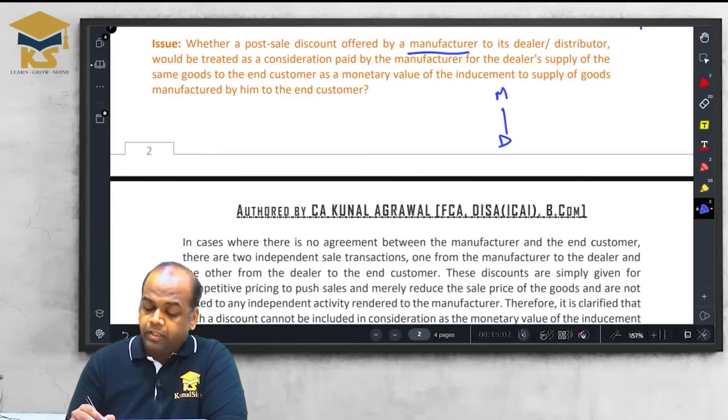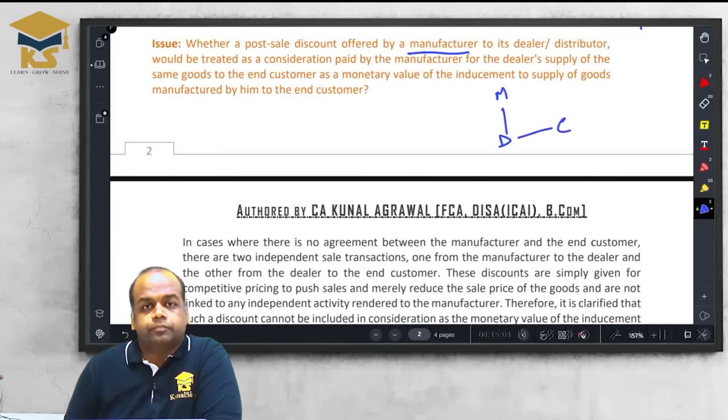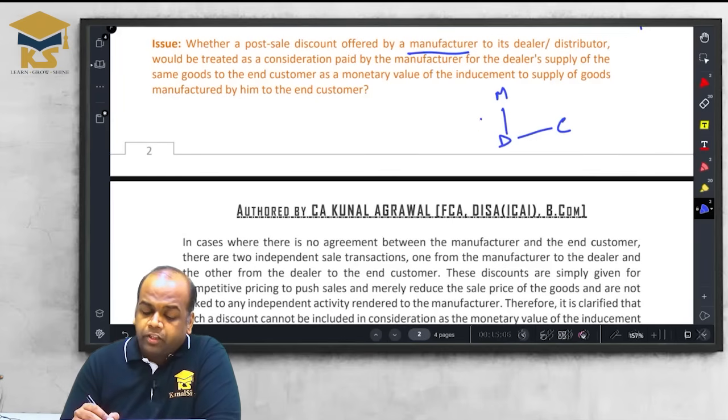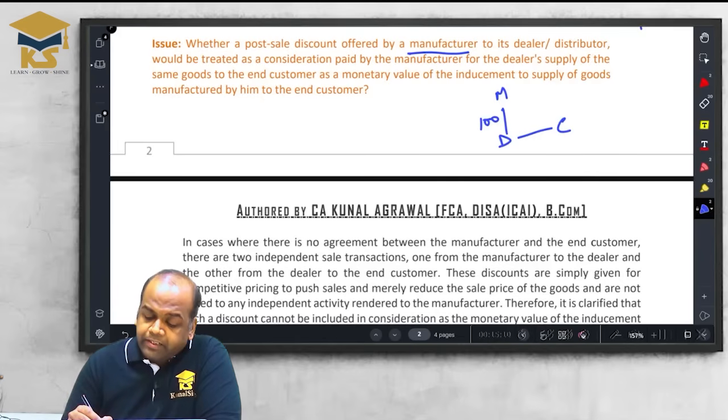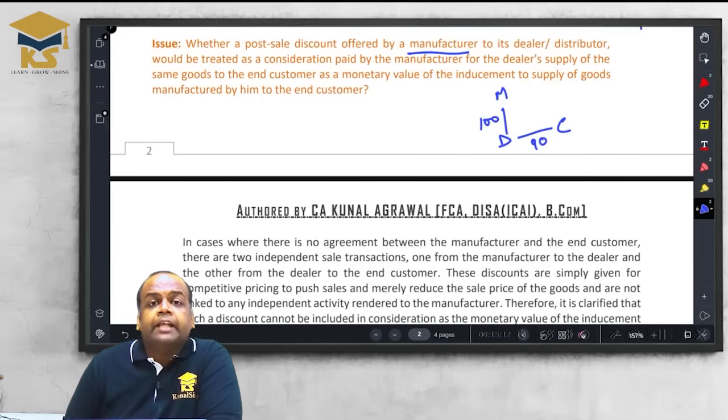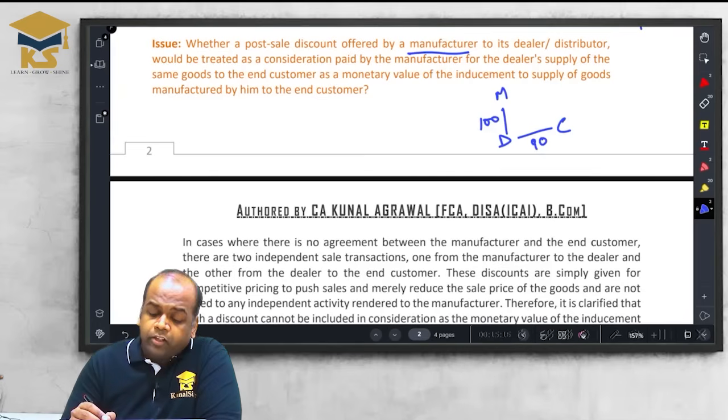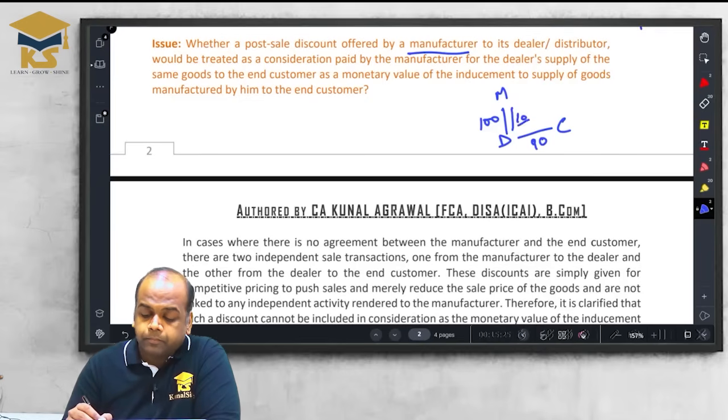Manufacturer, dealer, customer. The manufacturer sold to the dealer at 100 rupees. Now the dealer is selling to the customer at 90 rupees. And the manufacturer is providing a discount of 10 rupees. Now what is the value of supply for this dealer?